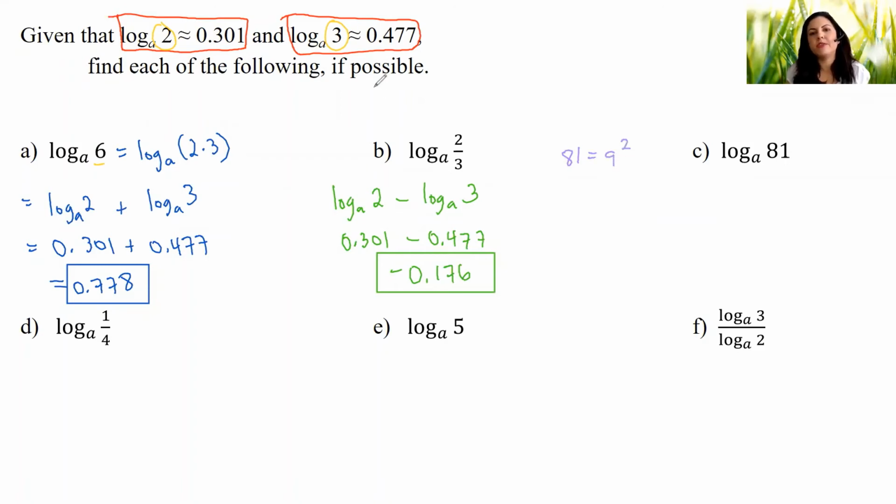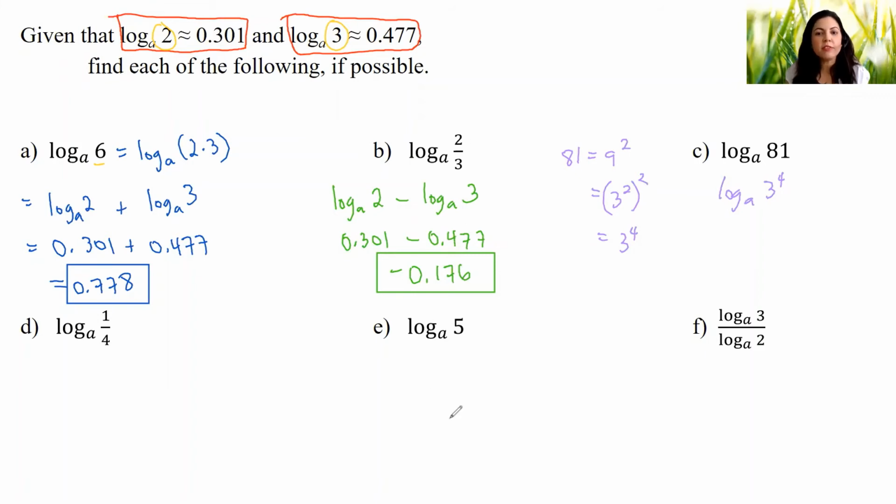But we're talking about 2s and 3s. 9 is 3 squared. So really that means 81 is equivalent to 3 to the 4th. So we can rewrite this as log base a of 3 to the 4th power.